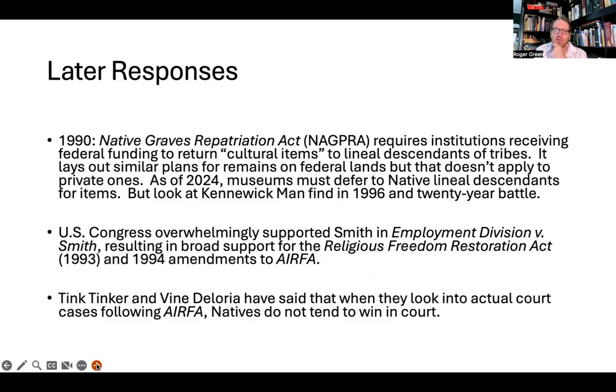So then we could also look at Kennewick Man, who was found in 1996, and there was a 20-year legal battle over his DNA. The local Native people said you can't take Kennewick Man out of the ground because of NAGPRA, right? He's our ancestor, you can't have him. But scientists said, you don't know.